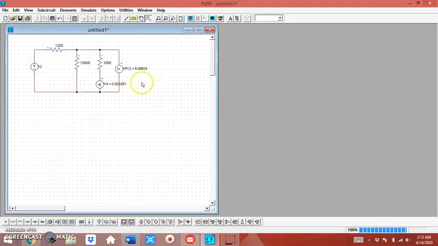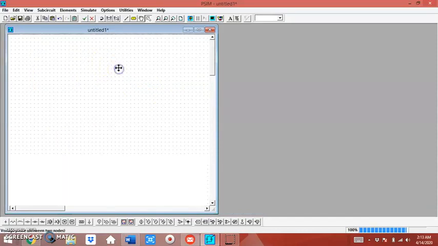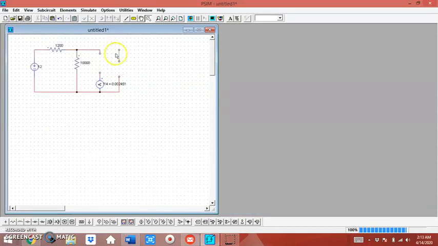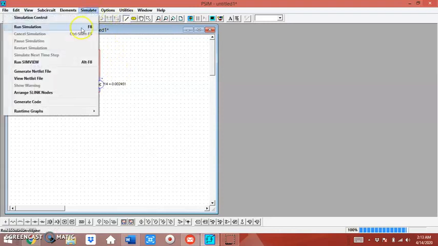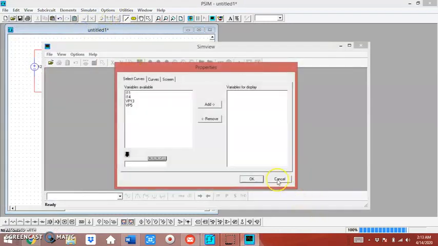So now remove the R3. The voltage is also removed. So now connect the circuit and simulate the circuit.